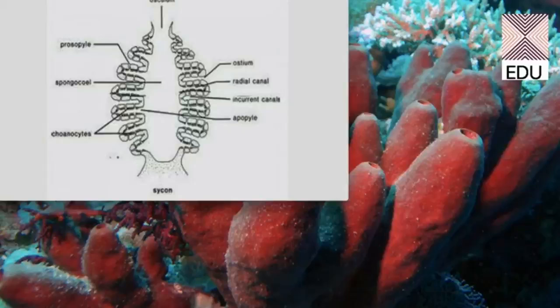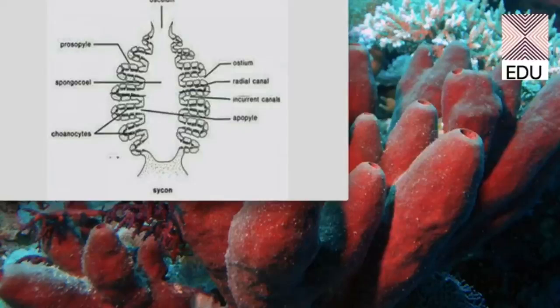So students, this is the diagrammatic longitudinal section of the Scypha. So here you can see the invaginations and the evaginations of the body wall. So this is the ostium from which the water enters into the body. And there is a canal system in which we have radial canals, incurrent canals, apopyles and prosopyles.